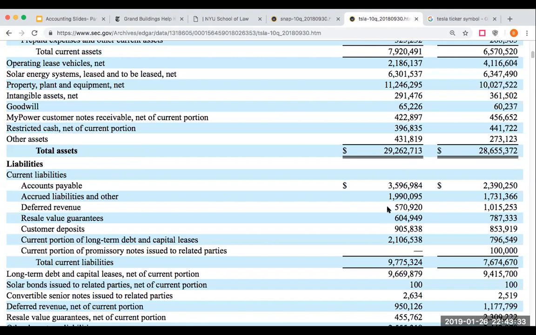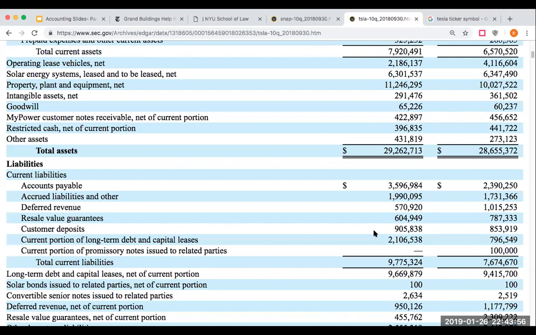Deferred revenue, for example, if Tesla has received money, say for future auto upgrades from a customer, then they have to call that deferred revenue. Deferred revenue is they've received money, but they have not yet performed the service or provided that to the customer.